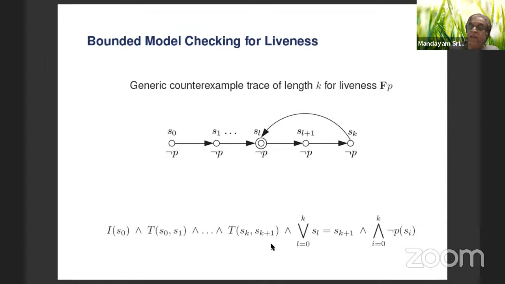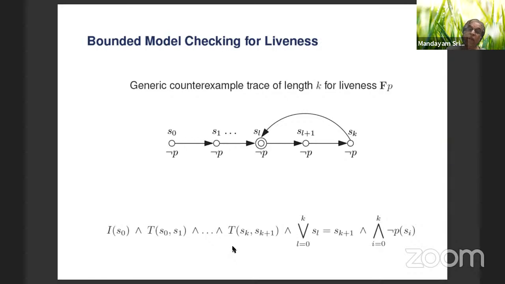Another reason why this is very practical and quite efficient is that each time you increase the k, you have to invoke a SAT call. But there is something called incremental SAT solving. When you've checked a certain formula and you're adding more constraints, SAT solvers work very efficiently.